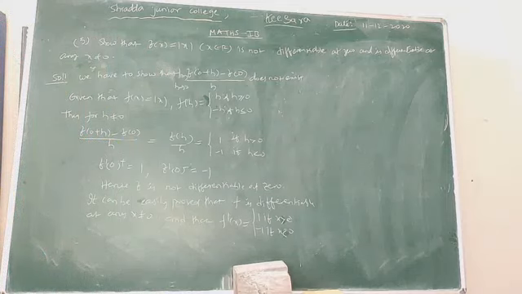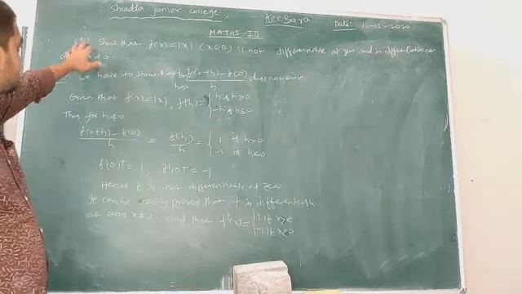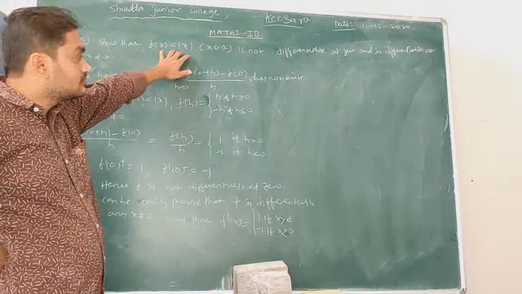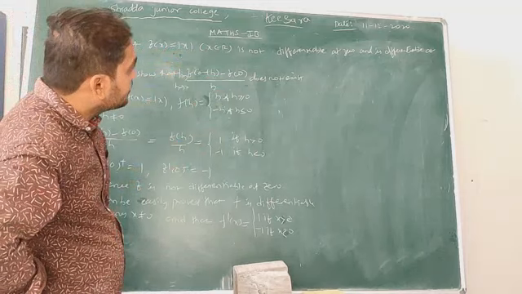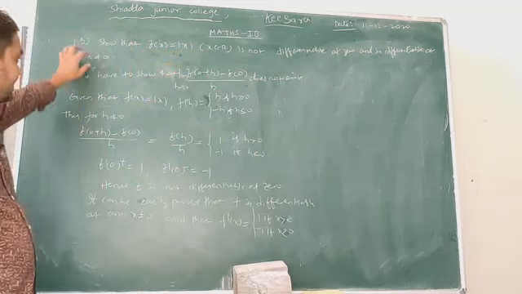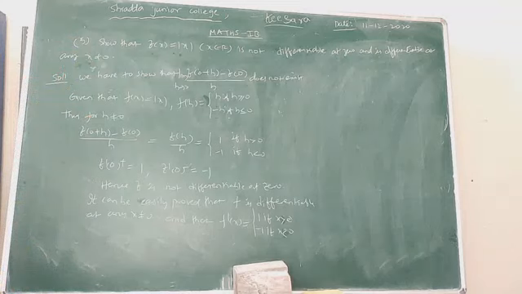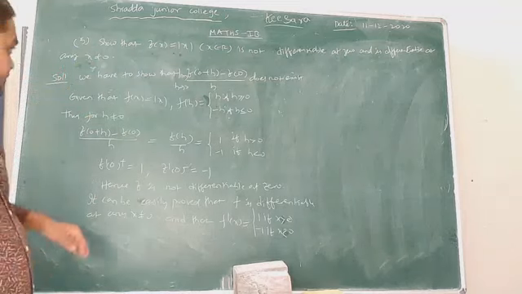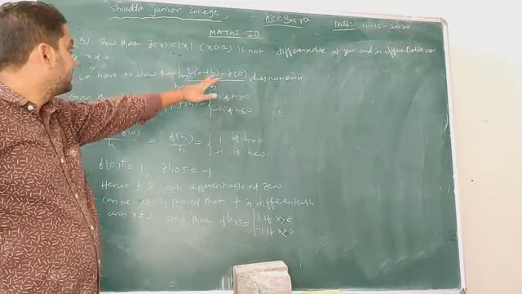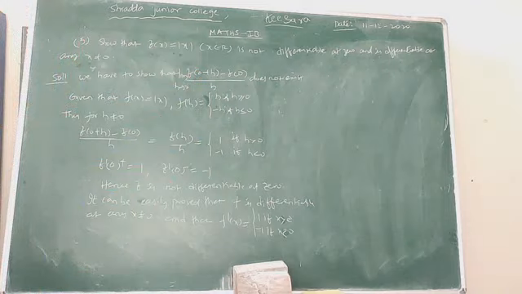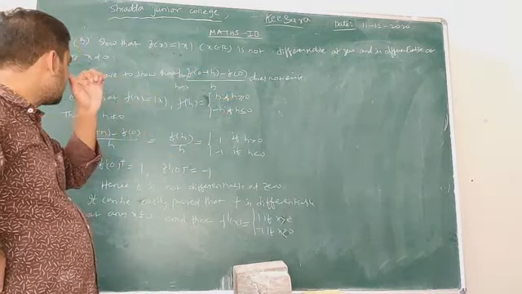See this once again here. What is given here? Show that f of x equals mod x is not differentiable at 0 and is differentiable at any x not equal to 0. So we have to show that the limit as h tends to 0 of f of 0 plus h minus f of 0 by h does not exist.